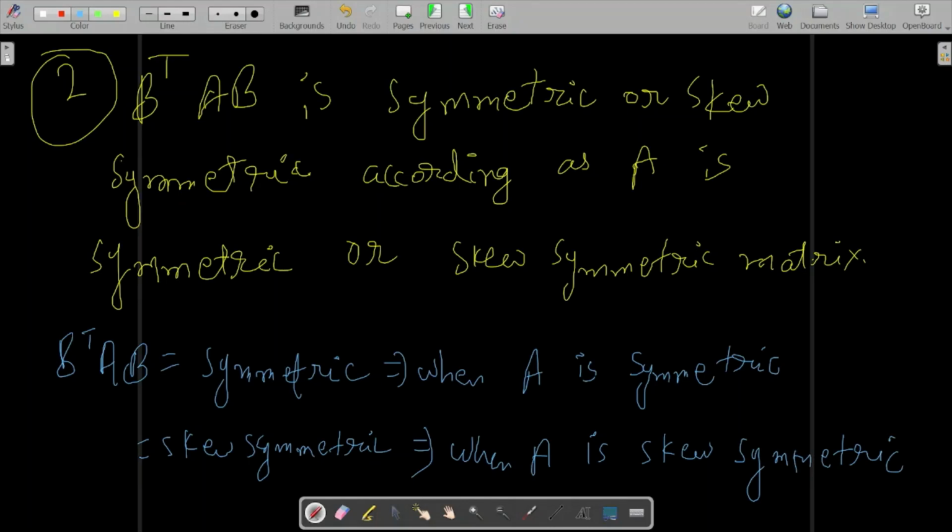So this is the thing which we have to prove. Let's write the proof of this.